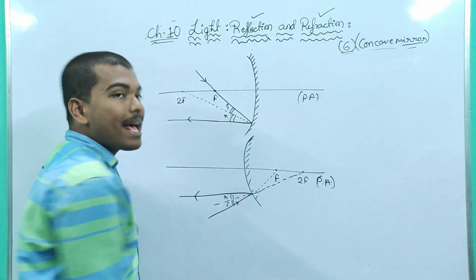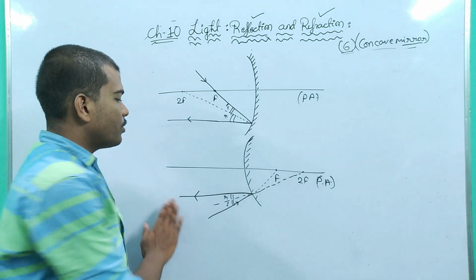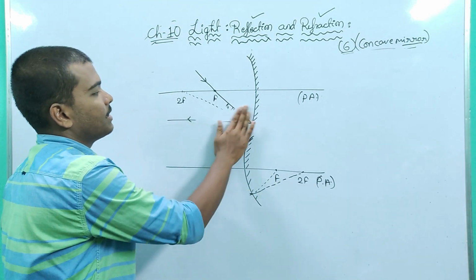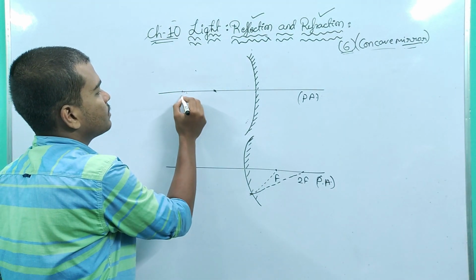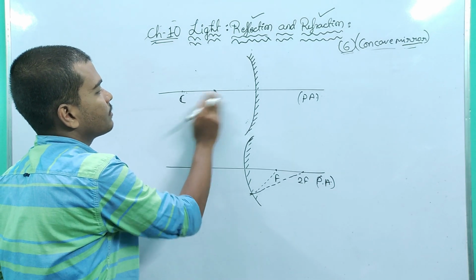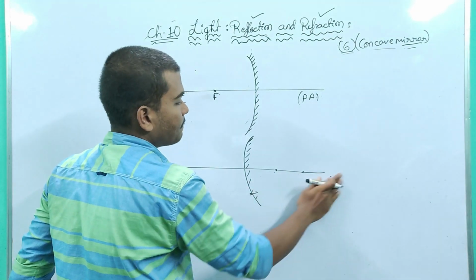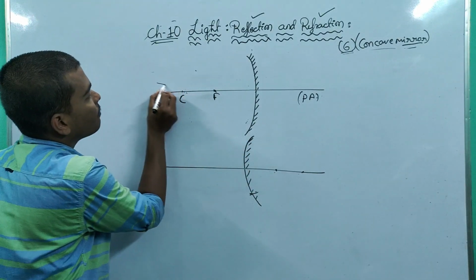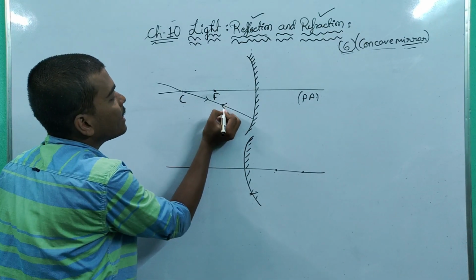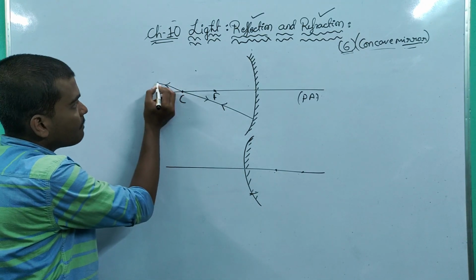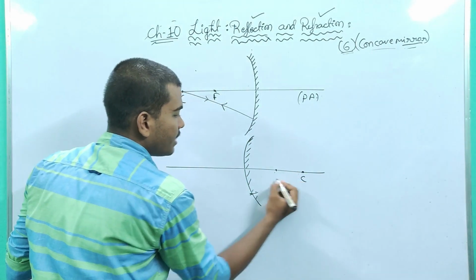The last rule, but not the least, we are going to use this rule afterwards. If the incident beam of light passes through C, this is C and this is F, this is 2F and this is F, it will be reflected the same way.